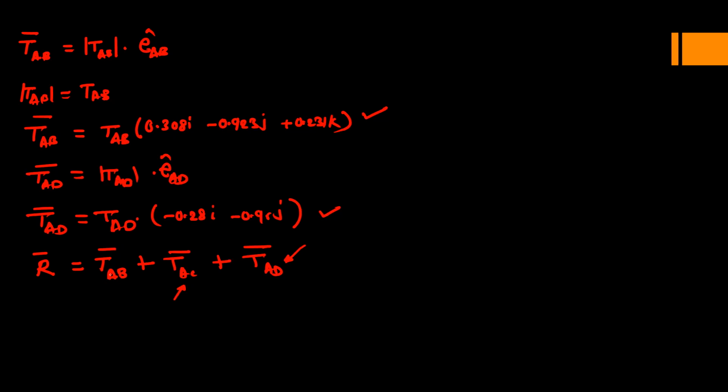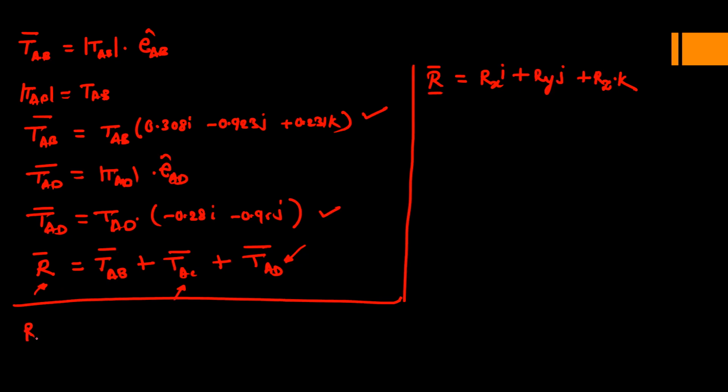Put all the values of tension AB bar, tension AC bar and tension AD bar in this equation. For the resultant R bar, we can write the vector form as the x component Rx into unit vector i plus the y component Ry into unit vector j plus the z component Rz into unit vector k. This is the general vector form for the resultant R bar, so we can put this value in this equation.